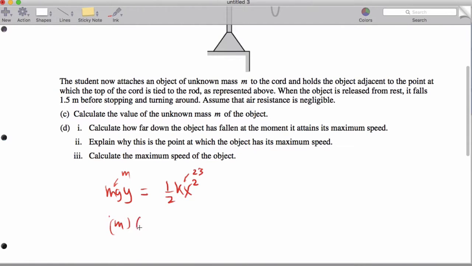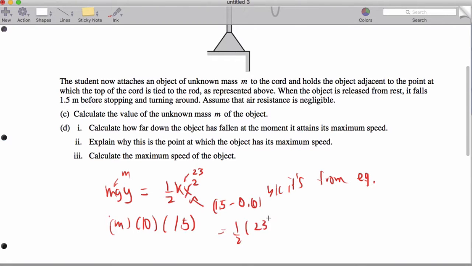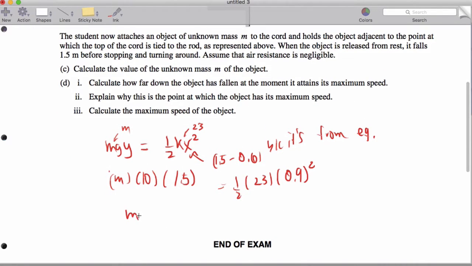So we have m times 10 times y max. And let's be clear, this y max is 1.5. Now this x is the displacement from equilibrium, which is going to be 1.5 minus 0.6 because it's from the equilibrium point. So that's going to be 1/2 times 23 times 0.9 quantity squared. And when we do this, we're going to get a mass of about 0.7 kilograms.